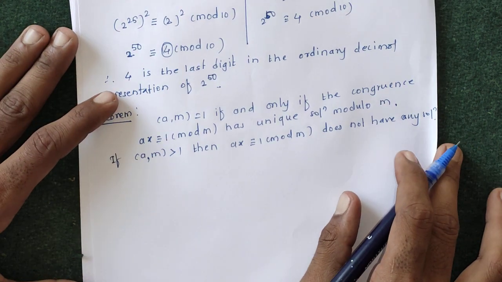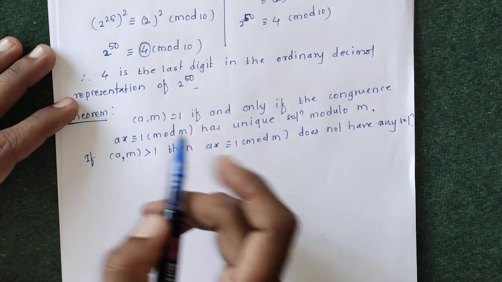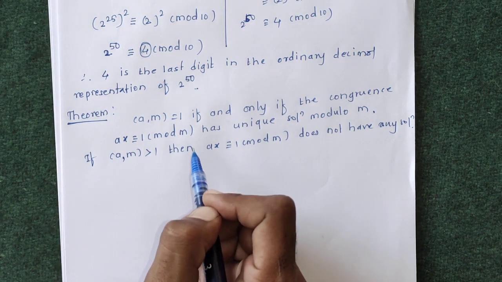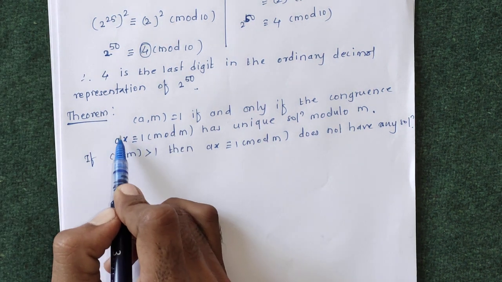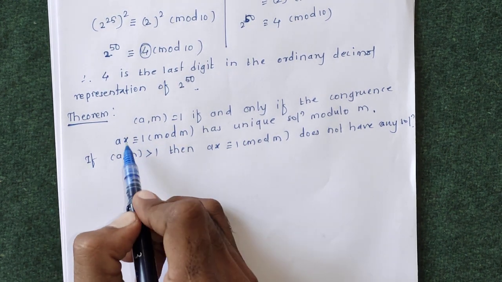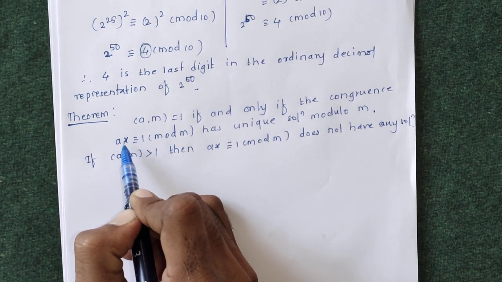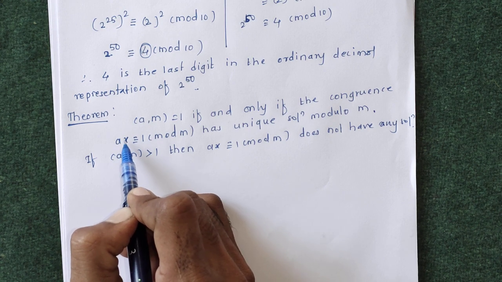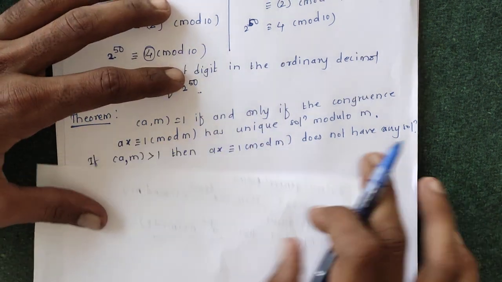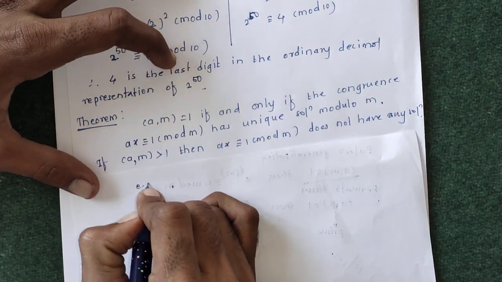First of all, the solution of the congruence, that is ax is congruent to 1 modulo m, means there exists an integer x which satisfies this congruence. For example, on the rough page we will take an example.